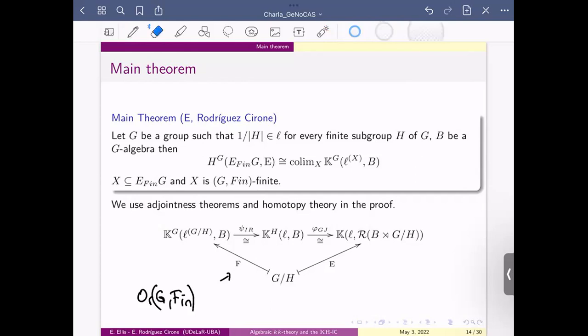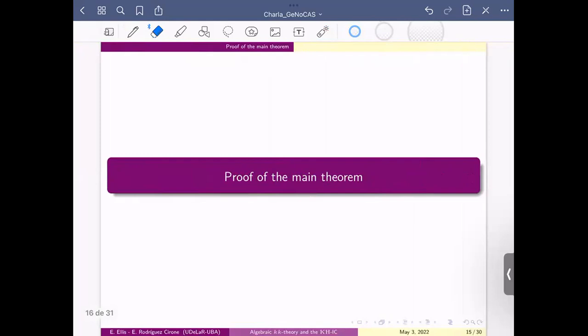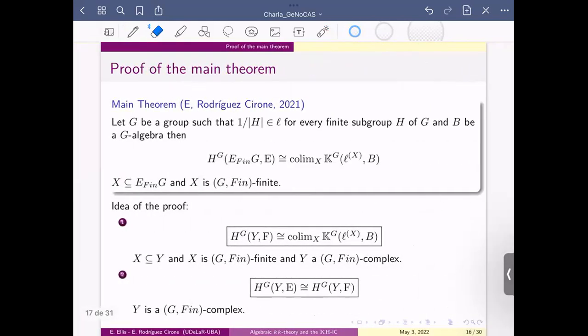Then we are going to relate these things using homotopy theory. How do we prove this equivalence?